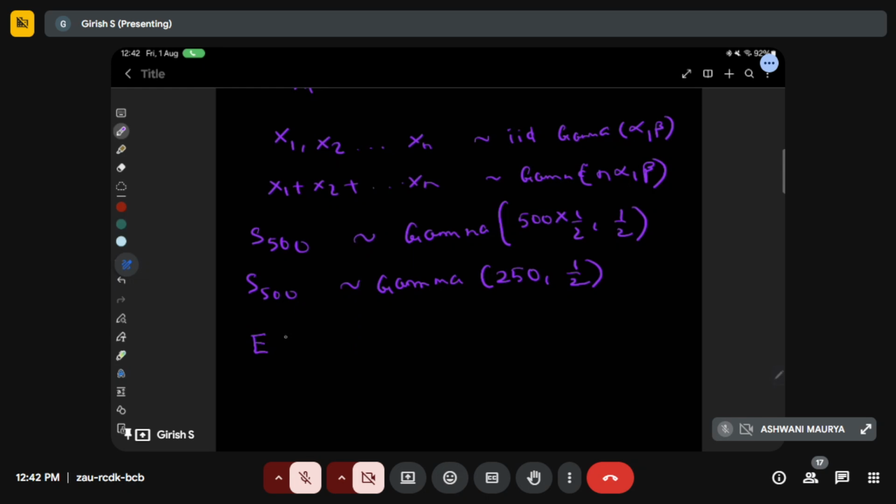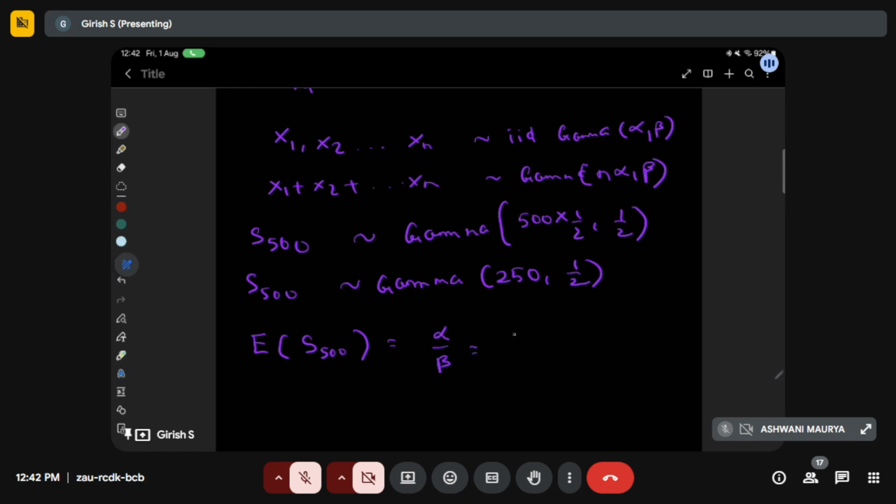Now I have to find the expectation of S500. What is the expectation of a gamma distribution? Do you remember? It's alpha by beta, if I'm not wrong.